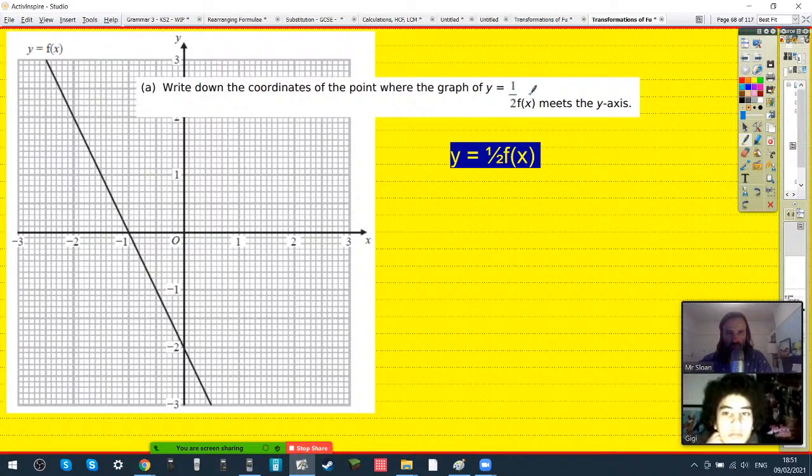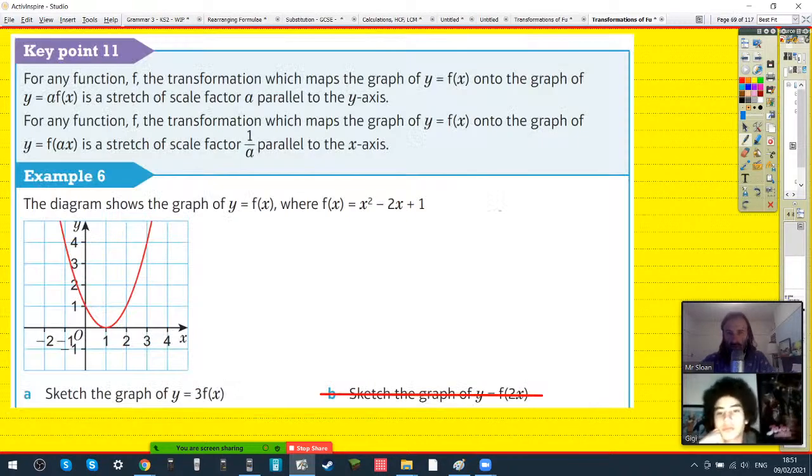So it printed out a bit weird, but it should be y equals a half f of x. Minus 1, 0 will become y-axis. Minus 2, 0 will become minus 1, 0. Very good. Great. Minus 1, 0.